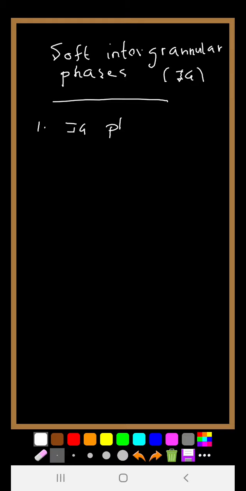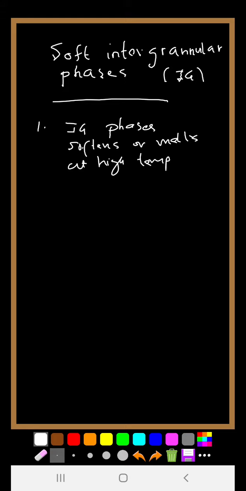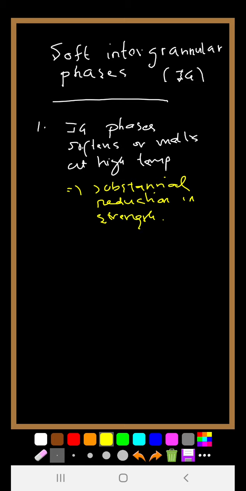So IG phases soften or melt at high temperature, and this causes a substantial reduction in strength, and hence creep resistance may result. Substantial reduction in strength and creep resistance.